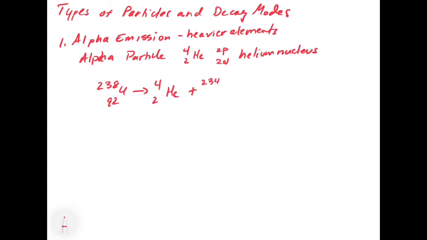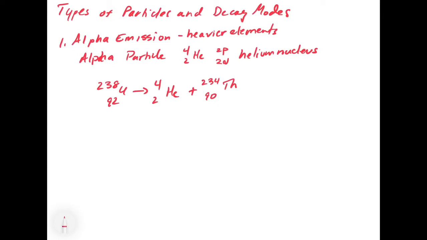And our atomic number is going to go down by a total of 2, so we have something that weighs 234 atomic units and has 90 protons. We go to the periodic table, look up what has 90 protons, and that's thorium. So when uranium-238 undergoes an alpha decay, it makes 234-90 thorium.